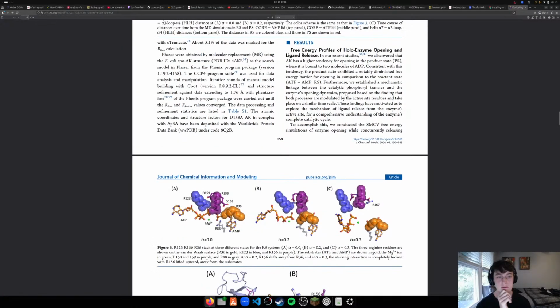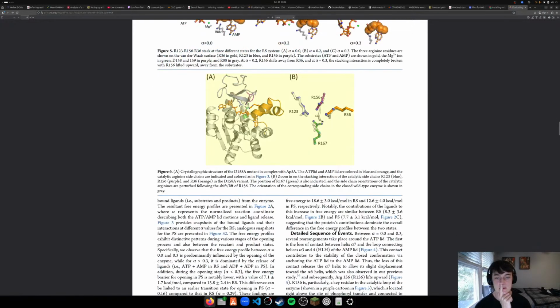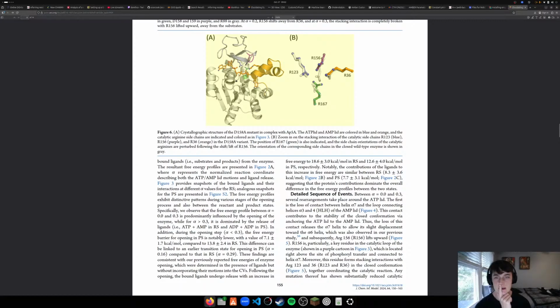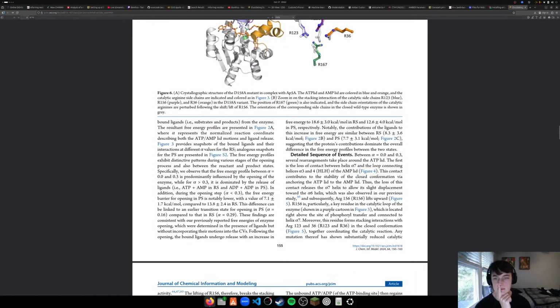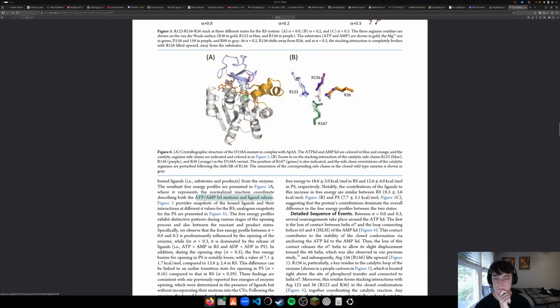Establish a mechanistic linkage, and finding that both are modulated by the active site residues and take on a similar timescale. To accomplish this, we conducted. Yeah. Okay. So this is the X-ray crystal structure. The resulting free energy profiles are presented in Figure 2a, where, okay, alpha represents the normalized reaction coordinate describing both ATP, AMP lid motions, and ligand release. What are we talking about?